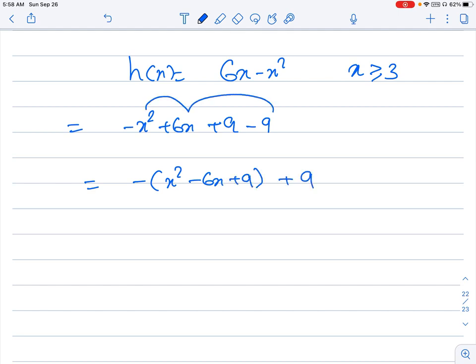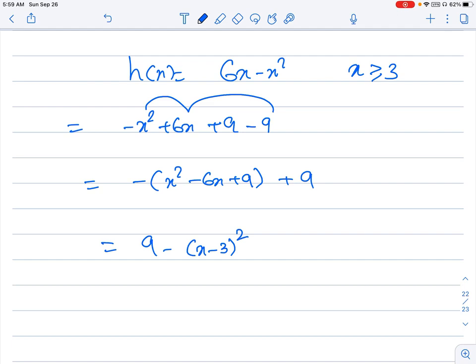So these three terms are combined together. So I get 9 minus (x minus 3) whole squared. That's going to be the value of h of x.